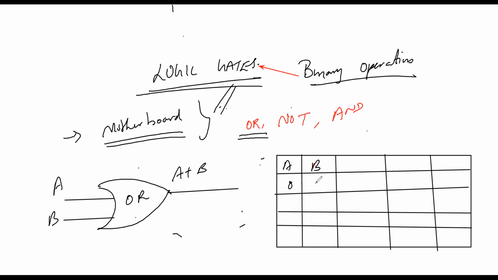So you should write here 0, 0, 0, 1, 1, 0, 1, 1. First is A plus B.